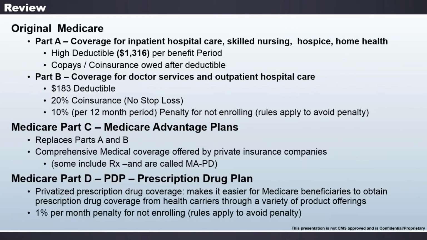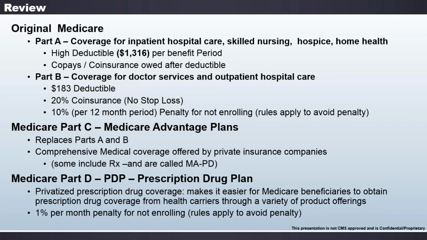Just kind of a review. Original Medicare Part A, coverage for inpatient hospital care, skilled nursing, hospice. It has that high deductible. It does not have a premium usually. So, if they've worked that 10 years or 40 credits, then usually they don't have that premium, but they do have a high deductible they have to meet per benefit period. There is co-insurance and co-pays that they have to pay after the deductible is met.